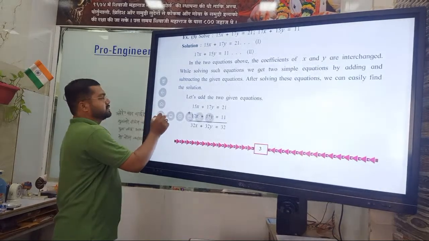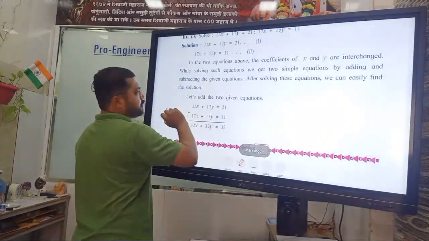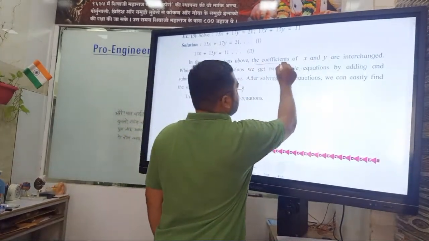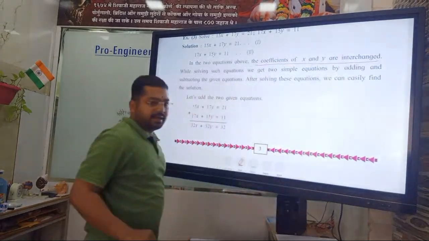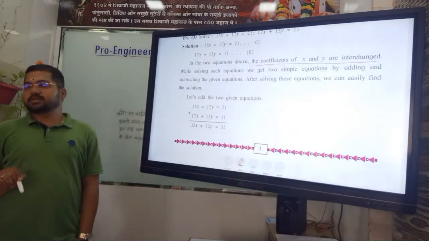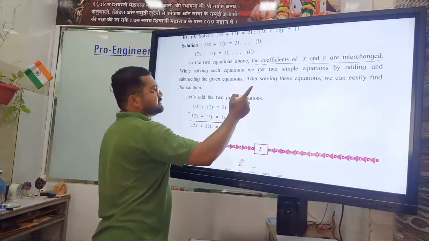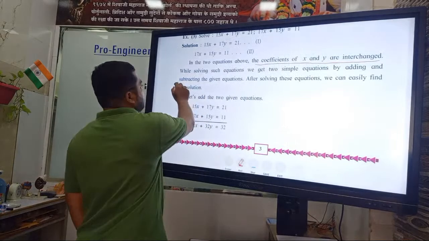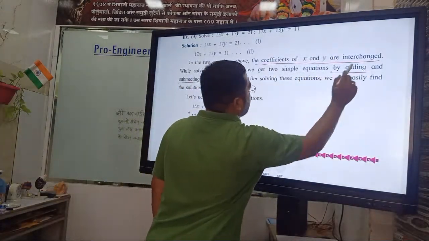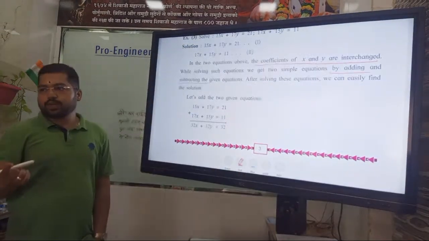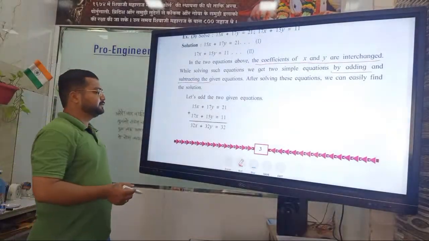So in this, what we have to understand is the coefficients of x and y are interchanged. If such types of equations are given, what is the simple thing we need to do? We need to either subtract or add, and we will get new equations, right?